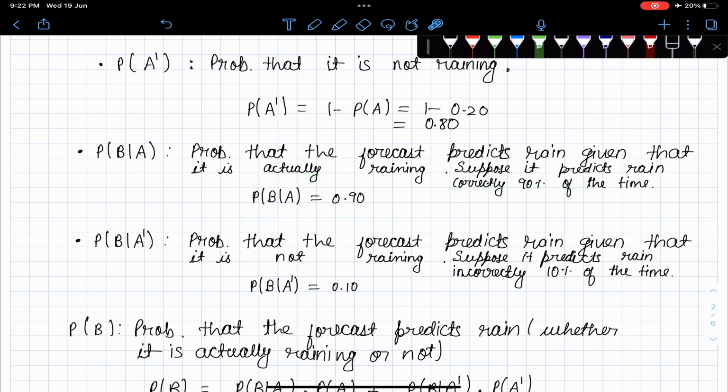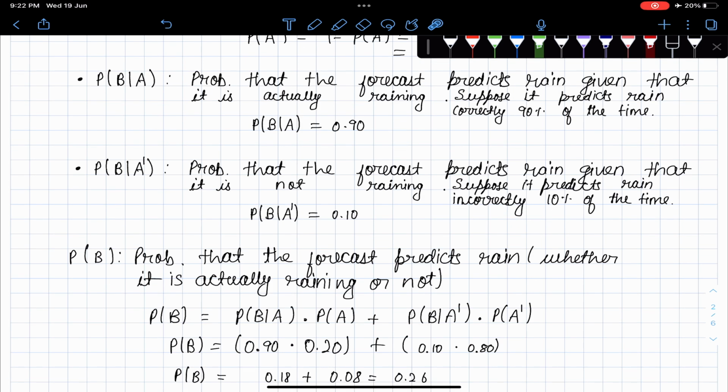So the probability that the weather forecast team predicts that it will rain and it is actually raining is 0.90. What is 90%? In terms of probability, it is 0.90.